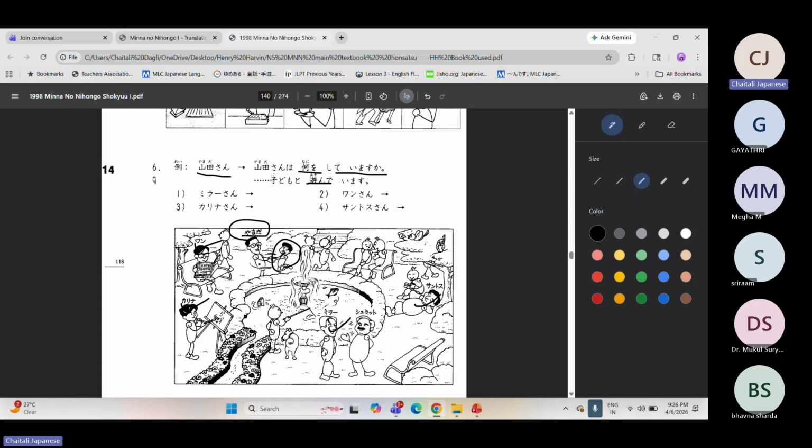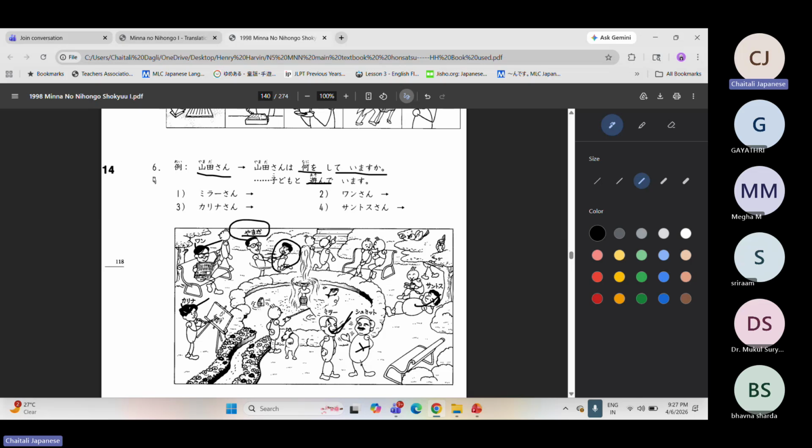Your question pattern remains the same for all 4 people. First is Mira-san. So we are going to locate Mira-san. Here is Mira-san. Mira-san wa nani o shite imasu ka? What is she doing right now? She is speaking to Shumito-san, because we have a verb for to speak.